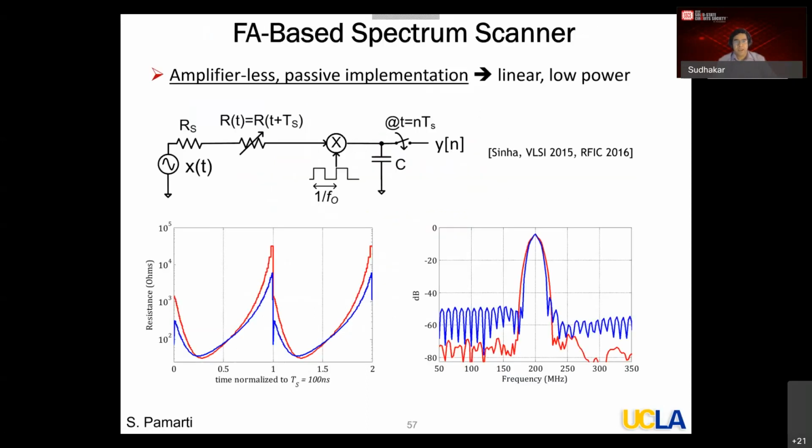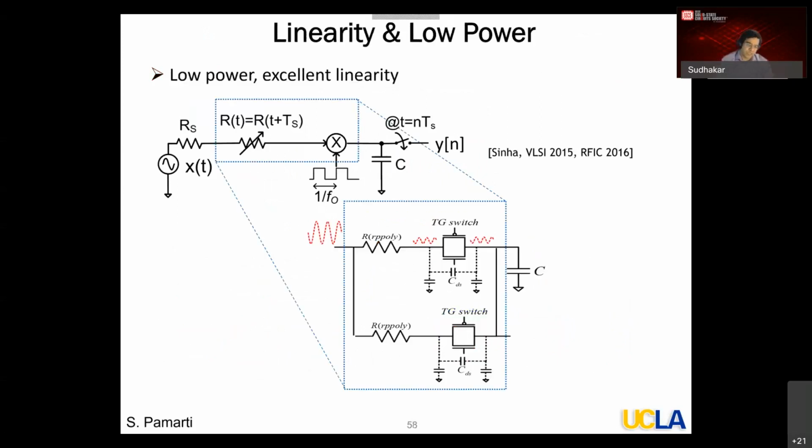For that, we used our passive implementation. That means no amplifier, simply an RC. I'm not going to go into the details here. You can get a very sharp filter, the ones that I'm showing you on the right, with about 60 dB or better stop band attenuation. The primary thing I'm going to focus on is the harmonic rejection.